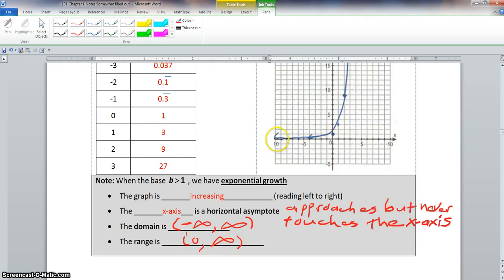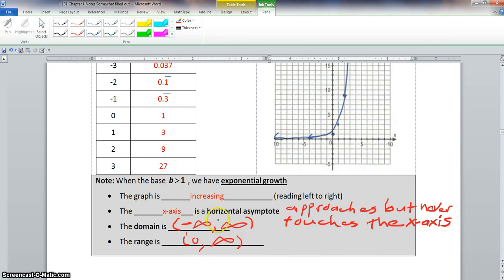If we look at our graph, because it would never touch the x-axis, we would never hit 0 on the y-axis either. So then this would be 0, and we don't hit the negative values either. So this would be 0 to infinity. If you notice here, we start here, not exactly at 0 on y, and we keep going up. So it'll be 0 to infinity.